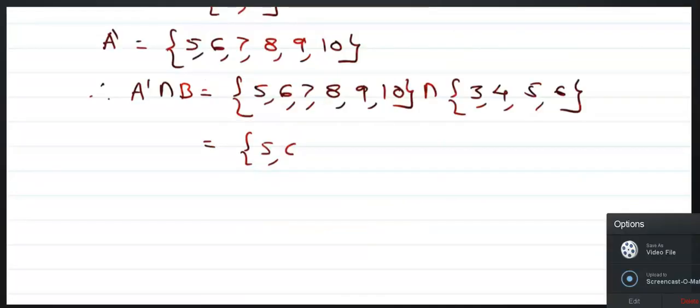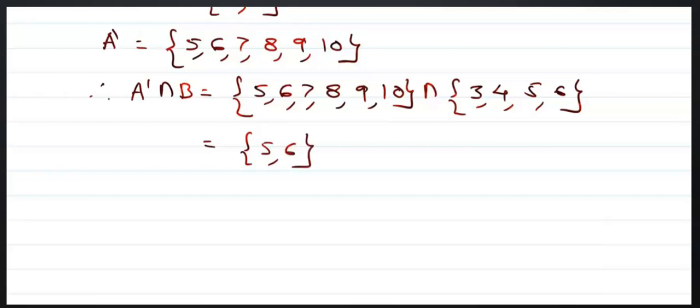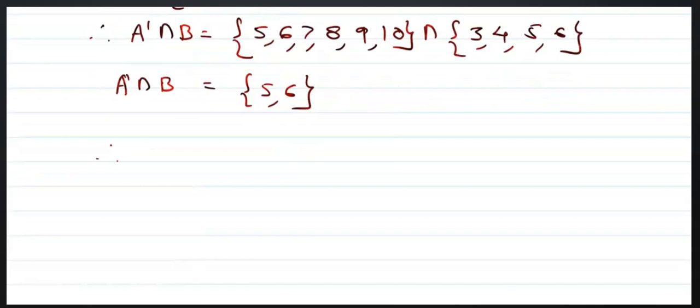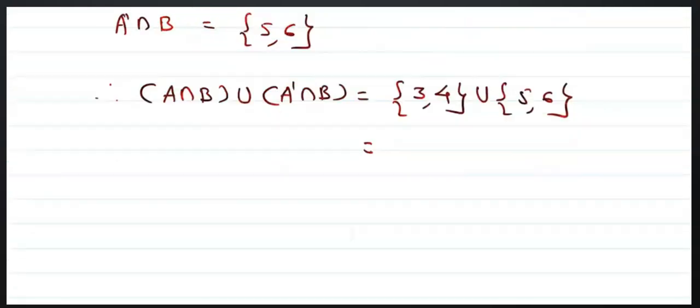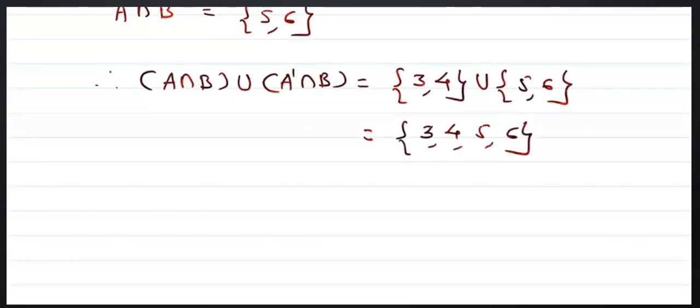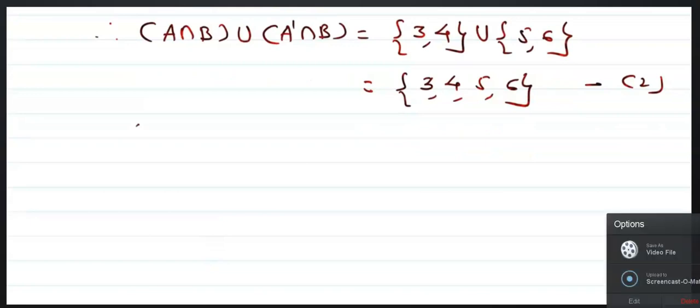Therefore, now A complement is equal to 5, 6, 7, 8, 9, 10. A complement intersection B is equal to 5, 6, and that's why A intersection B union A complement intersection B is equal to 3, 4 union 5, 6. Therefore, 3, 4, 5, 6.